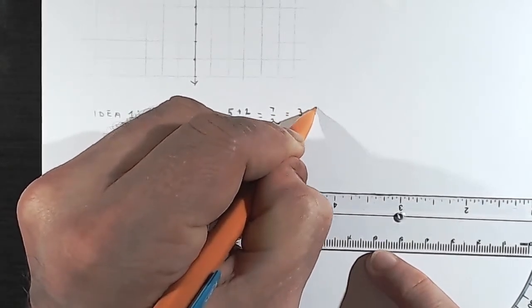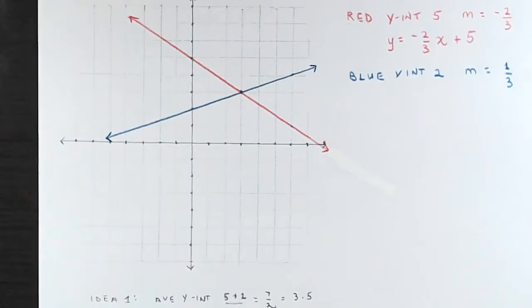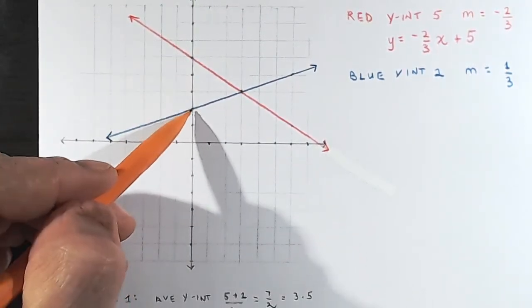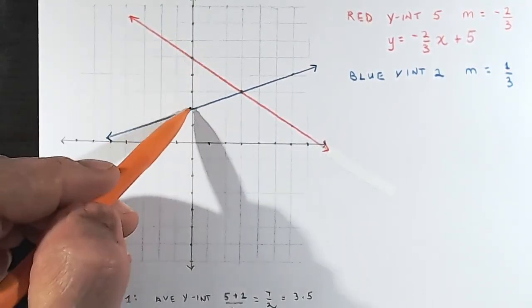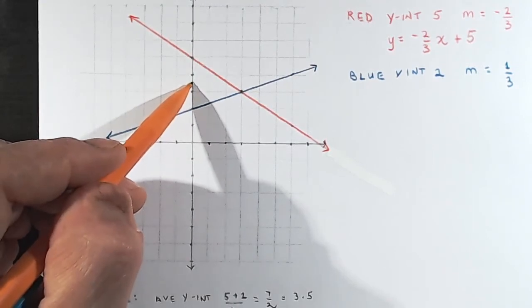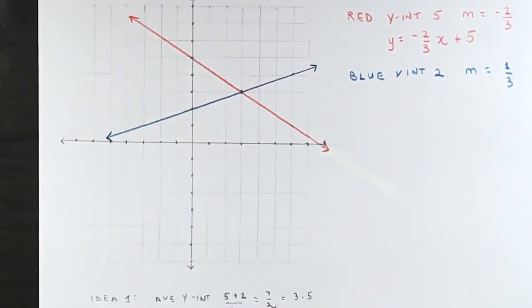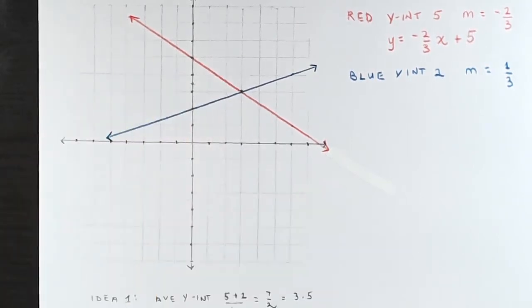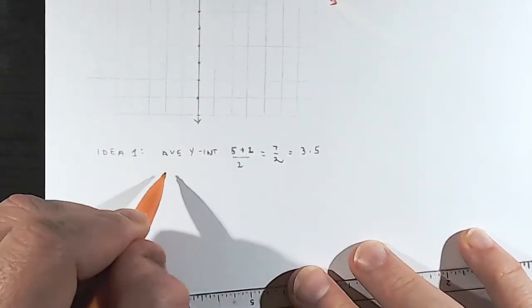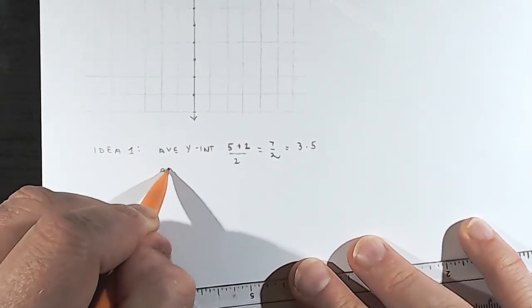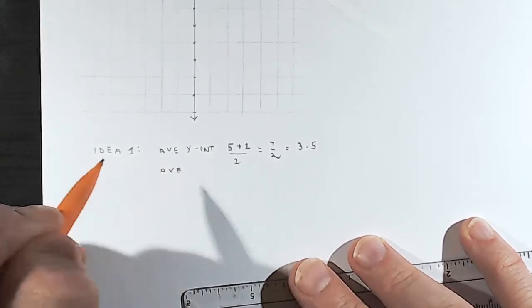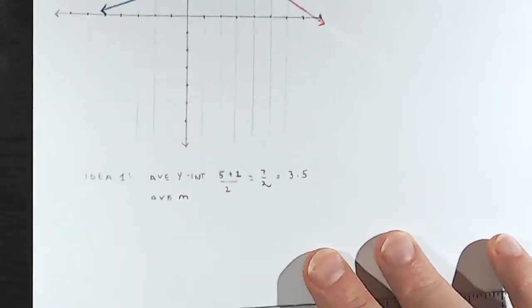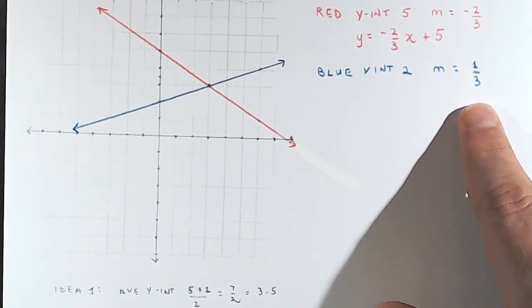Let's see if that looks like it would be between these 2 points. So this is 2 and this is 5, and here would be 3, here would be 3.5. All right, so let me think what this would look like. So that's our little hypothetical y-intercept there at 3.5. And then what would be the average slope? Okay, so the average slope would just be the average of the m values. And we've got negative 2/3 and 1/3.